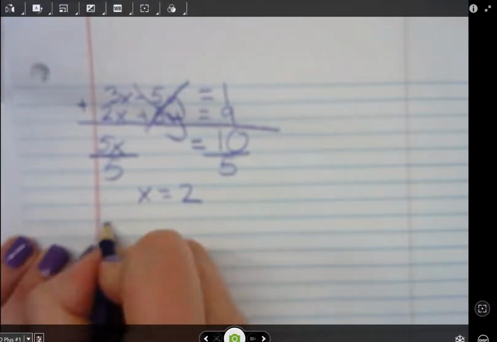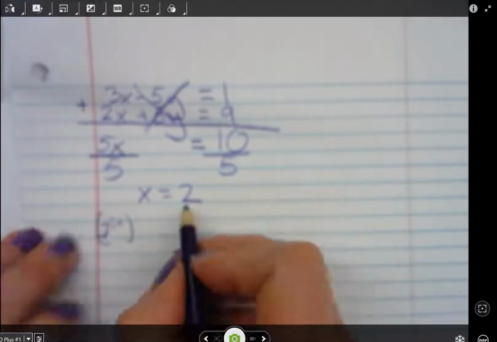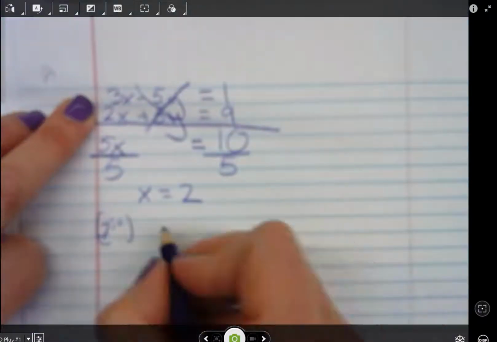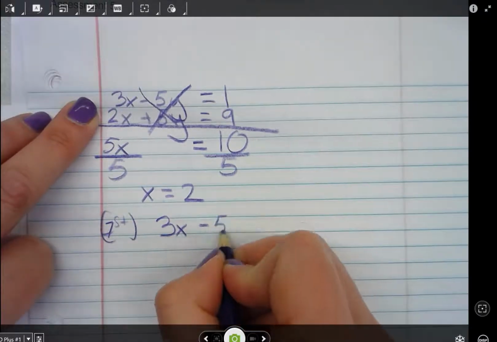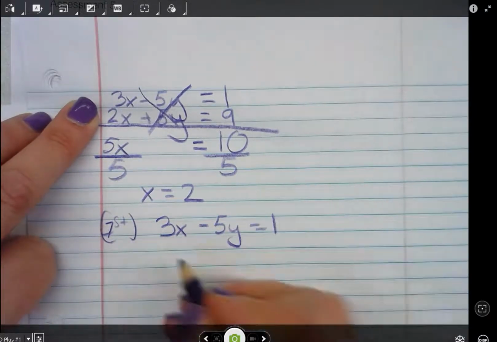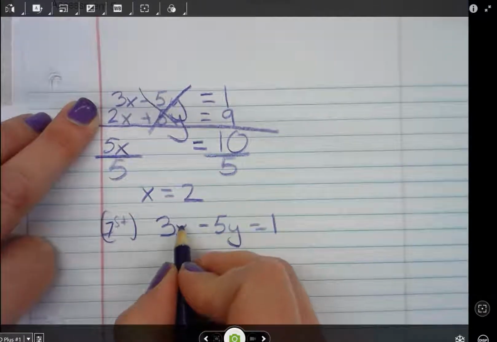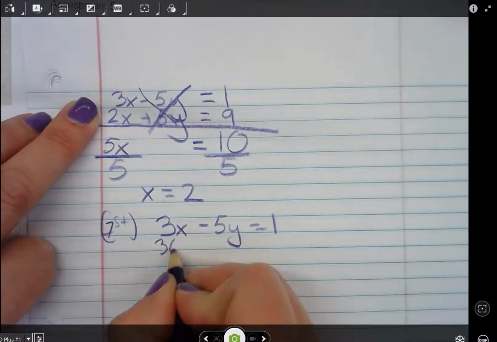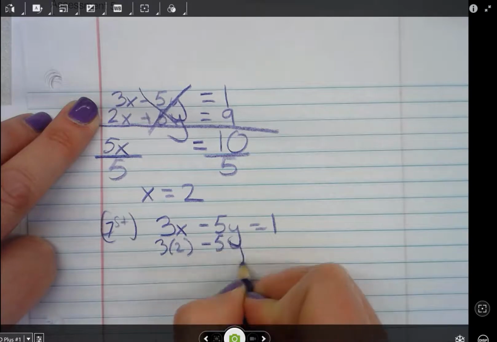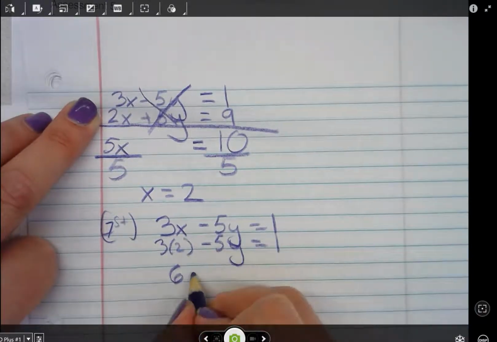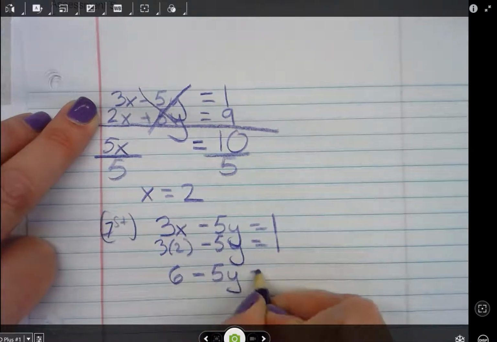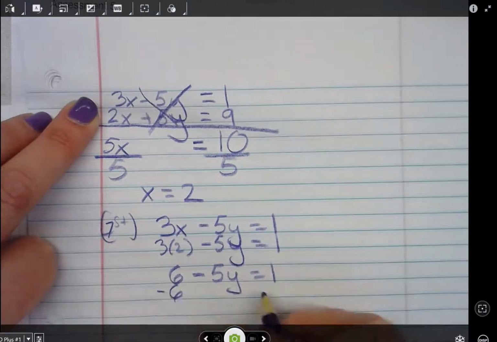Again, I'm going to choose the first equation to substitute 2 in to now solve for y. So the first equation is 3x minus 5y equals 1. I'm going to substitute in 2 for x. So I have 3 times 2 minus 5y equals 1. 3 times 2 is 6. Rewrite the rest of the equation. I'm going to subtract 6 from both sides of the equation.